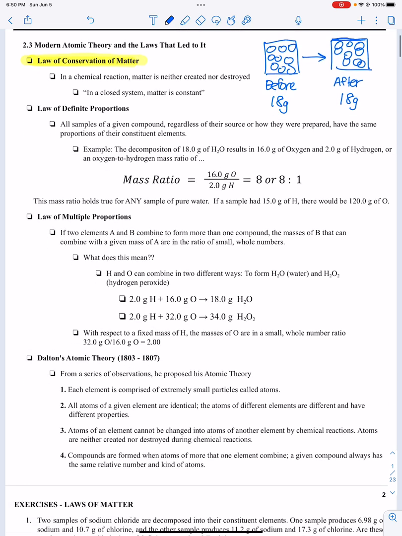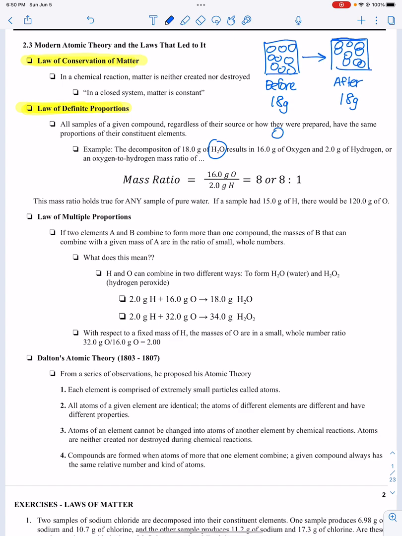conservation of matter. Then on that note, we have the law of definite proportions, which is kind of what it sounds like, definite proportion. Elements will combine in a fixed ratio. So all samples of a given compound, regardless of their source or how they were prepared, have the same proportions of their constituent elements. And so I love using the example of water. Water is H2O. We might know water as H2O, right?